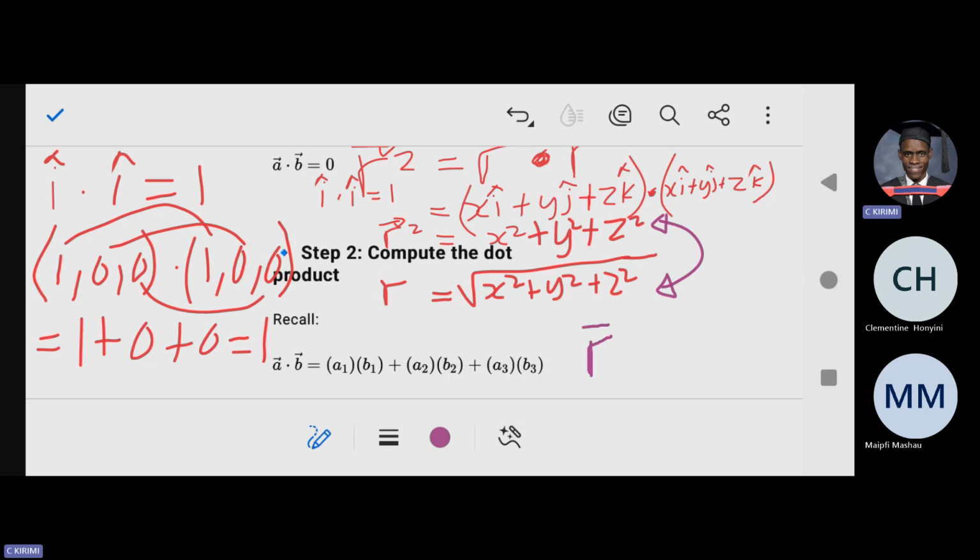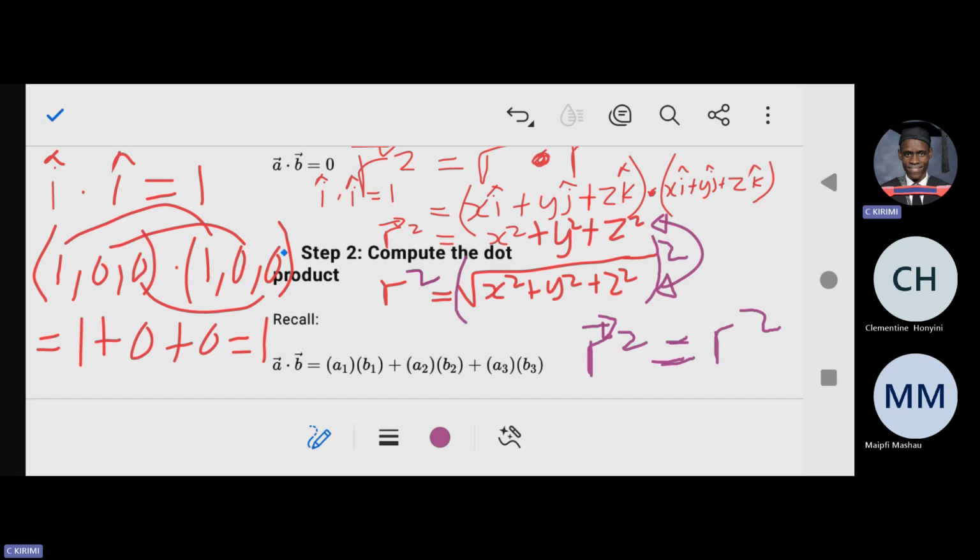That r squared, which has a vector on top, is equivalent not to r, but to r squared. Why to r squared? It's because if I square this square root, I'm going to get the top part of the vector.